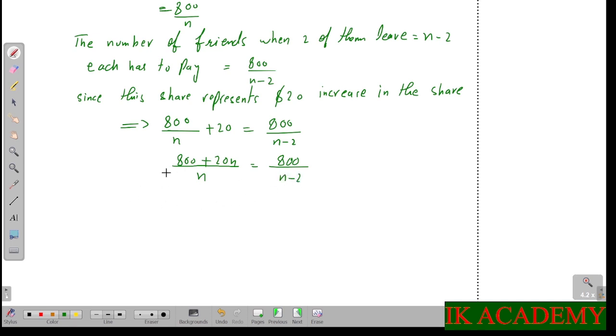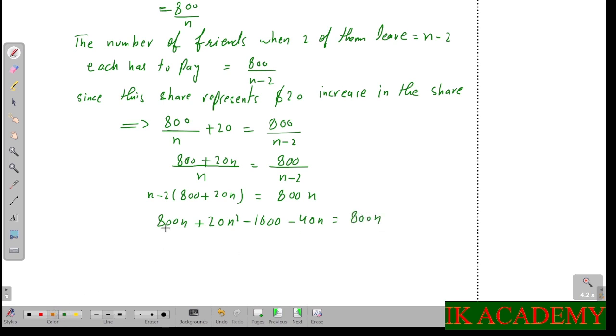If we solve this, we're going to take cross multiplication. So n minus 2 into 800 plus 20n is equal to 800n. So n into 800, 800n, plus n into 20n, which is 20n square, minus 2 into 800, 1600, minus 2 into 20n, which is 40n, is equal to 800n.